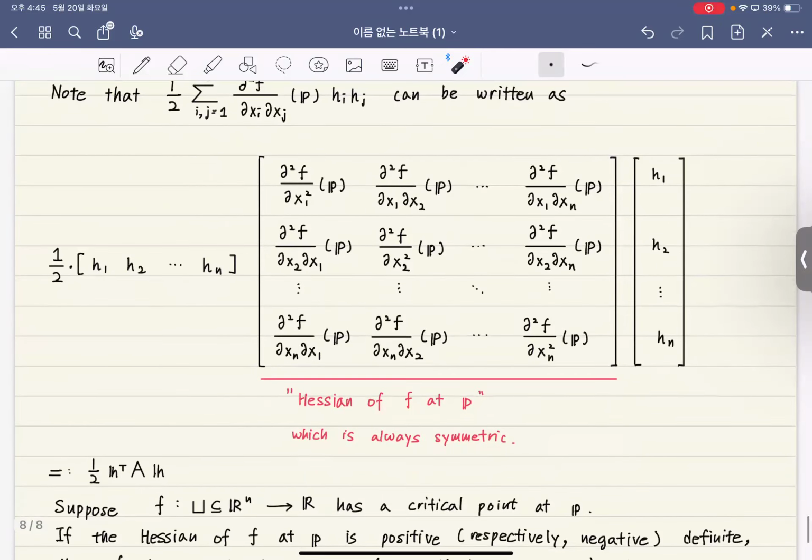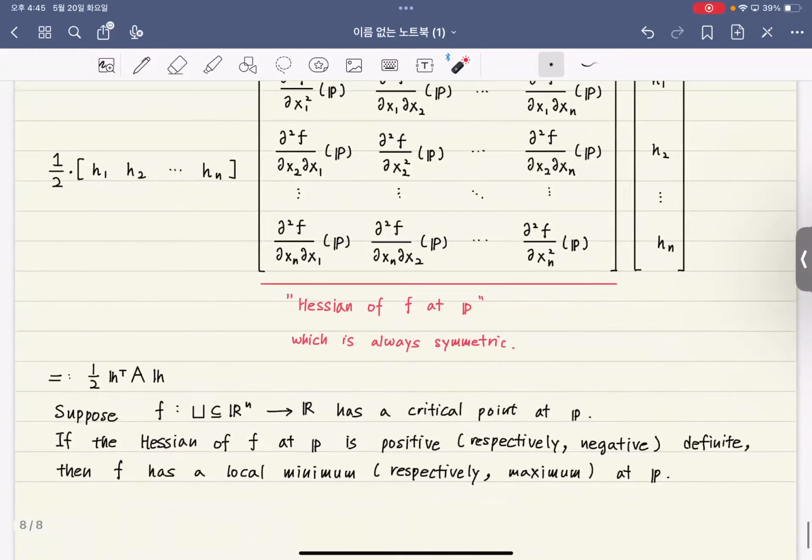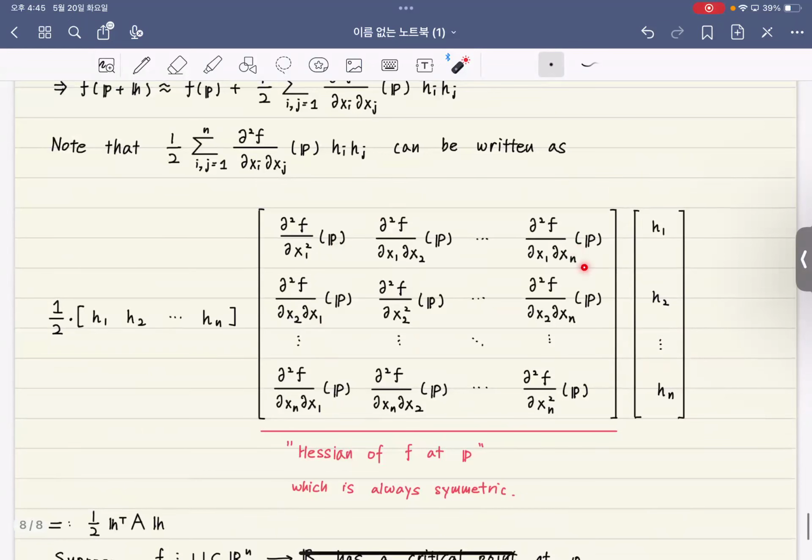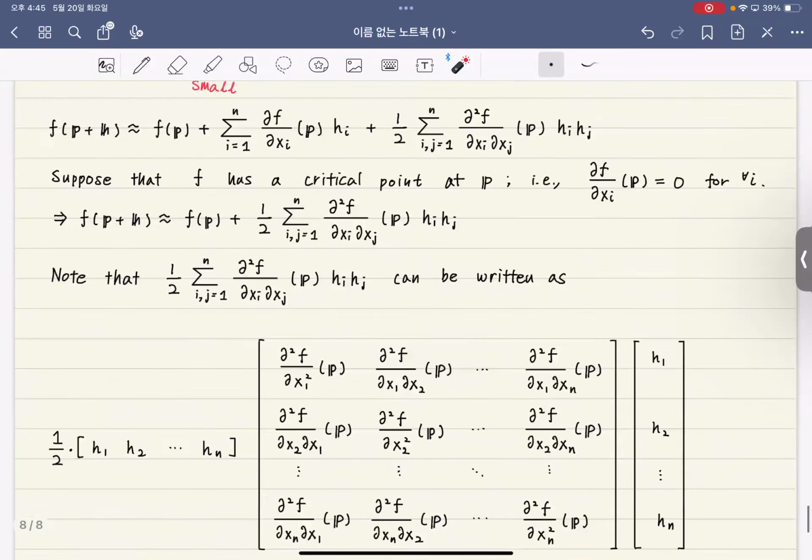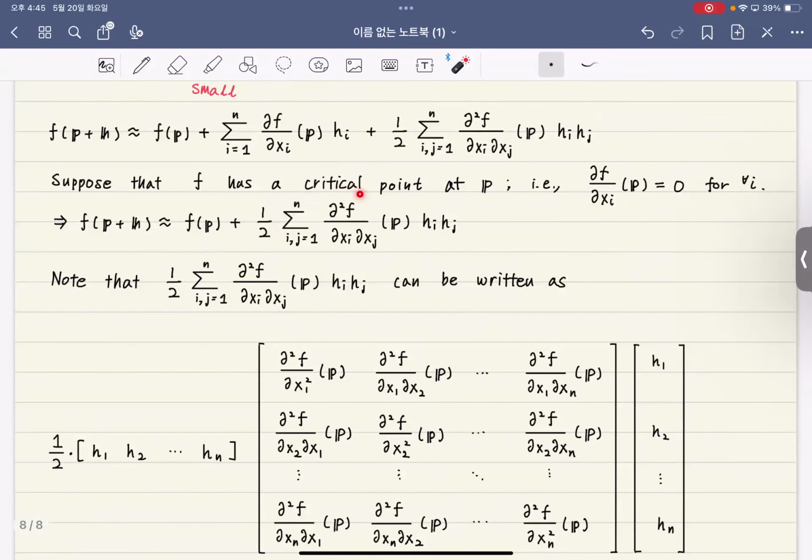So this is 1/2, which just carries over, and H transpose times A times H, where the matrix A is the Hessian of f at P. And the idea is, if this middle matrix, the Hessian of f at P, is positive definite, then this is always positive for nonzero H, right?